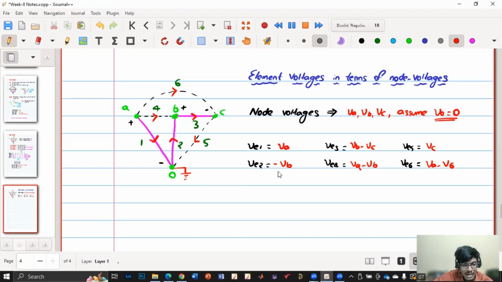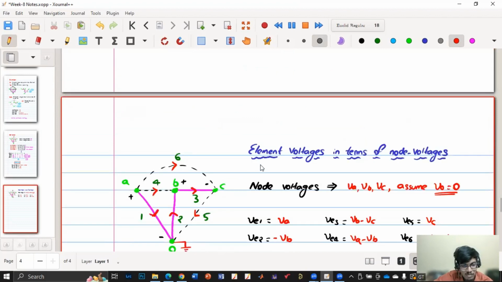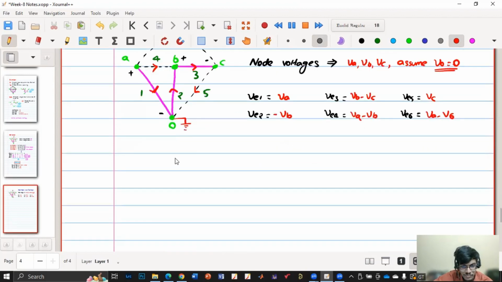Now we'll again write this in terms of a matrix, where the elements will be vertically down and the node voltages will be on the right side. What I mean to say is nodes will be in this way: node 1, node 2, node 3, or node A, node B, node C, which is a better terminology.